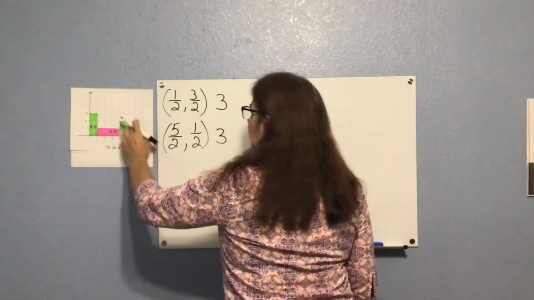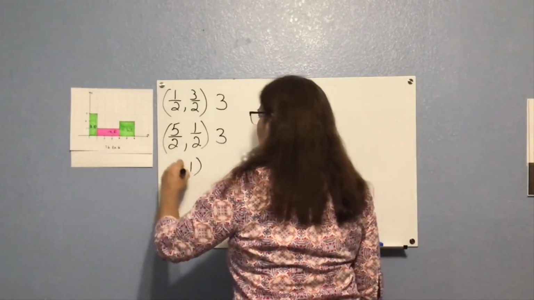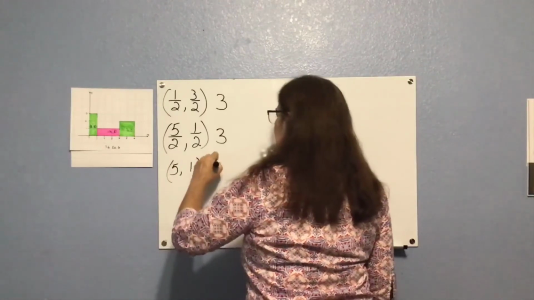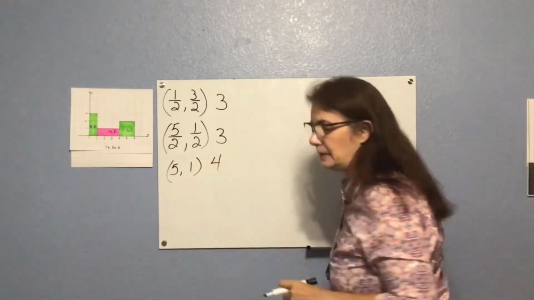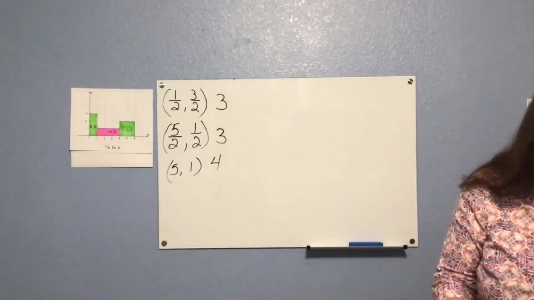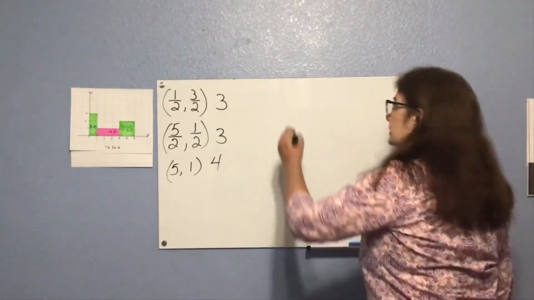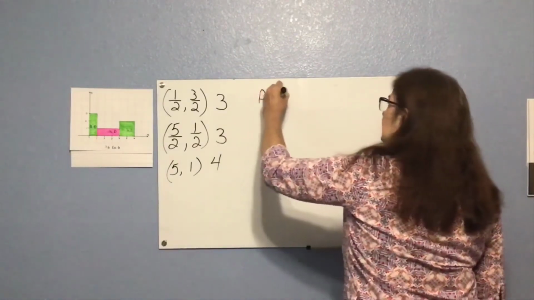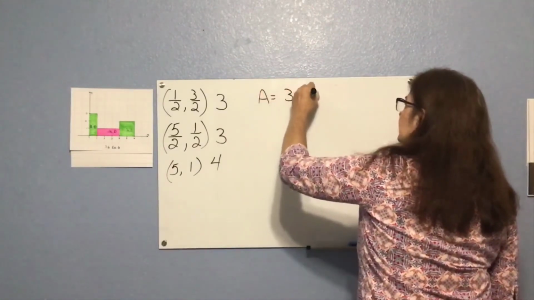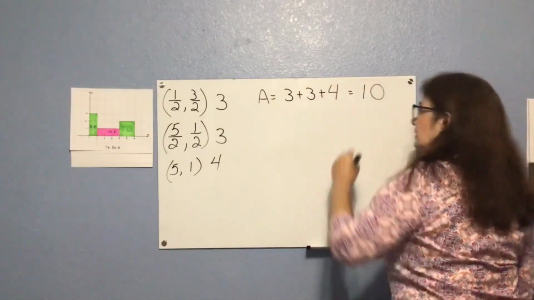And then this last one over here has a centroid at 5, 1. And it has a weight of 4. It's a little bit bigger than the other pieces. So the area of the entire region is 3 plus 3 plus 4, or 10.